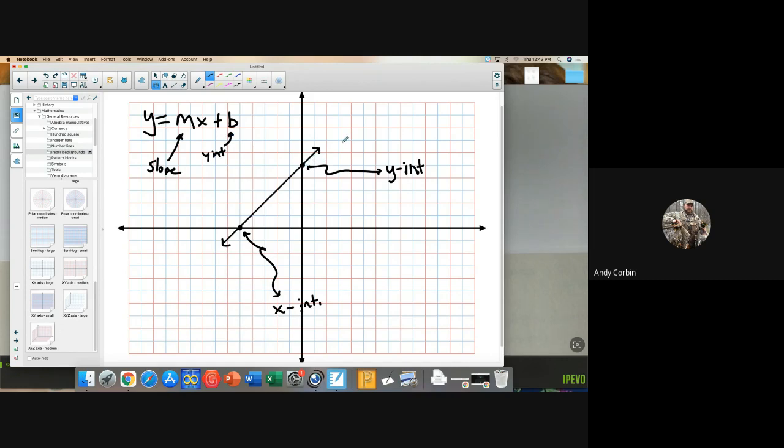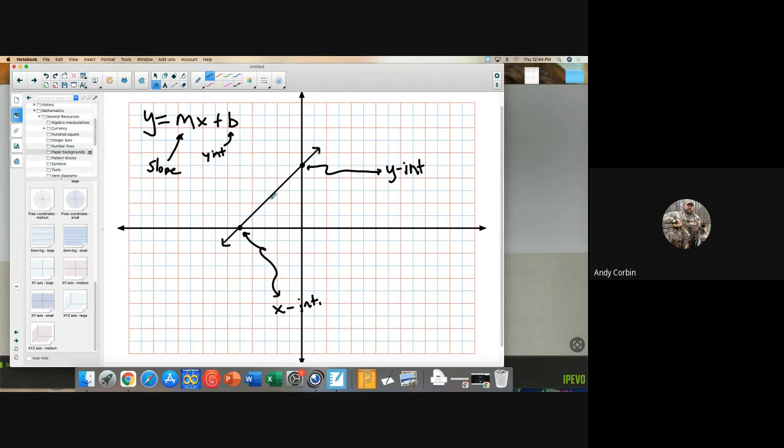And I'm going to tell you, that is going to make our life good. All right? When I show you guys next week how to graph, you're going to say, Mr. Corbin, why did you torture us with plug and chug? And some of you may already guess how this is going to work. But this is the y-intercept. This is always the slope if the equation is solved for y.